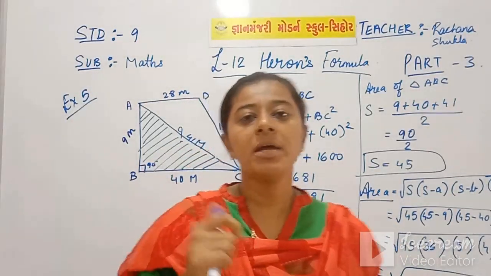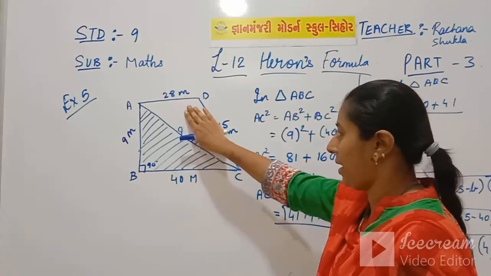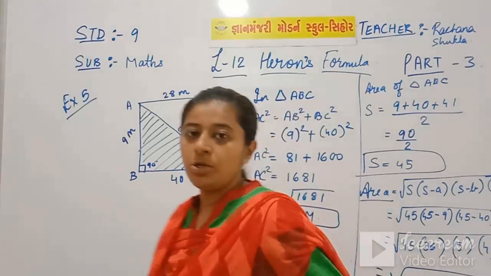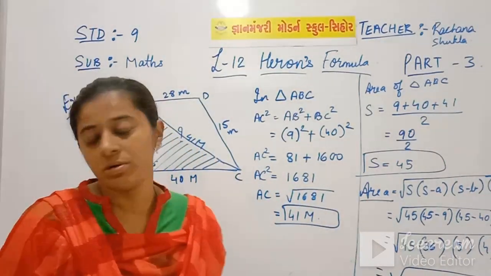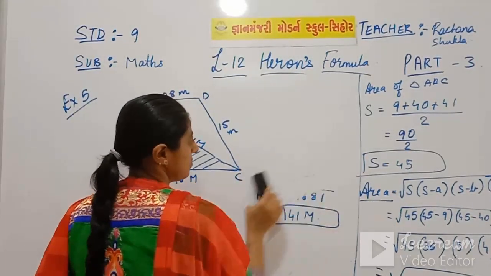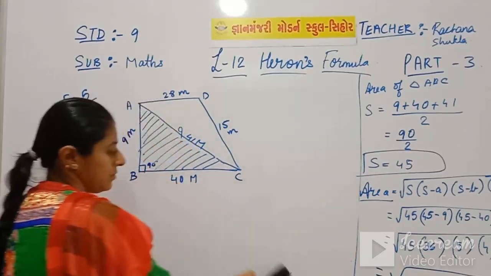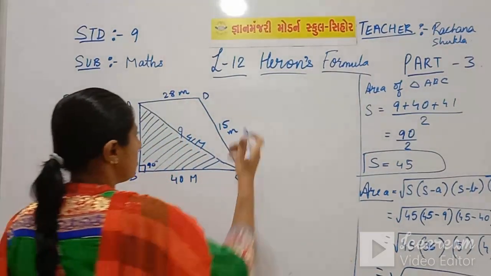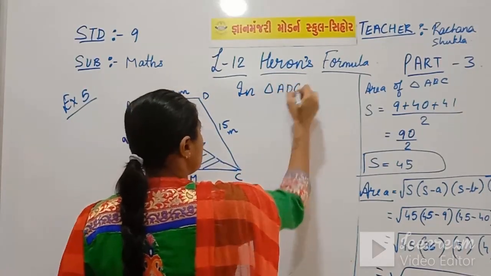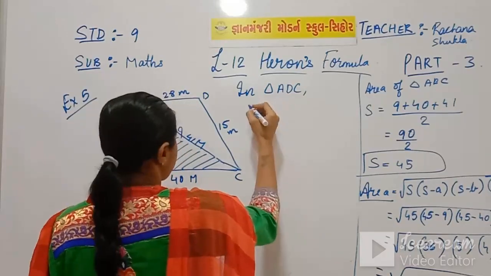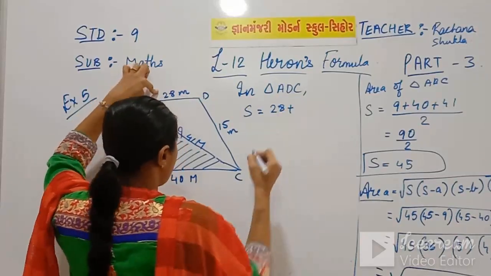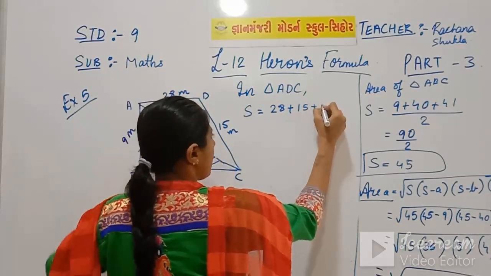Now we will find the area of the second part, that is the second triangle. Okay, now I am erasing this part. You can note down this in your example book. Now in triangle ADC, S equal to 28 plus 15 plus 41.